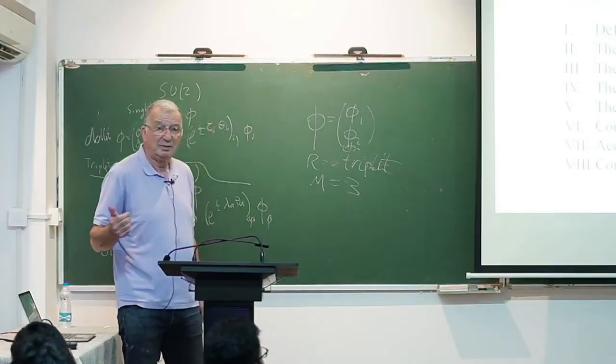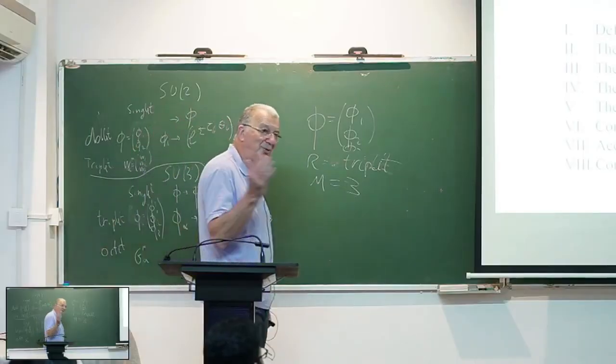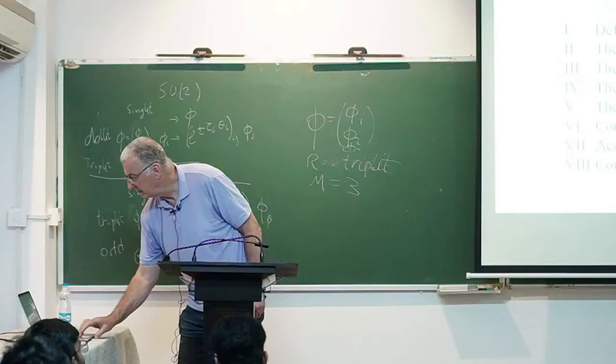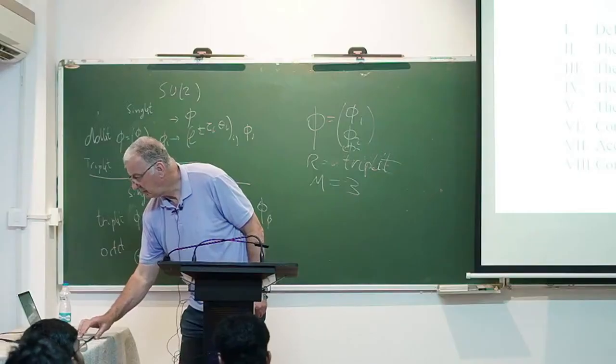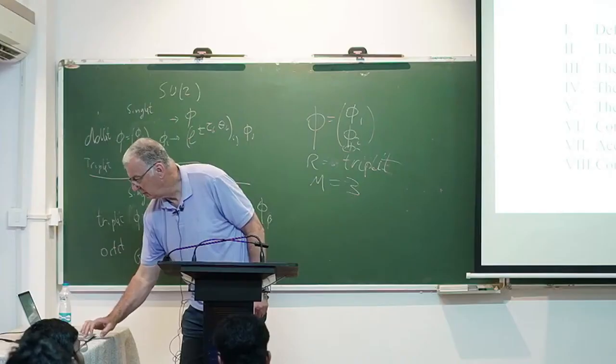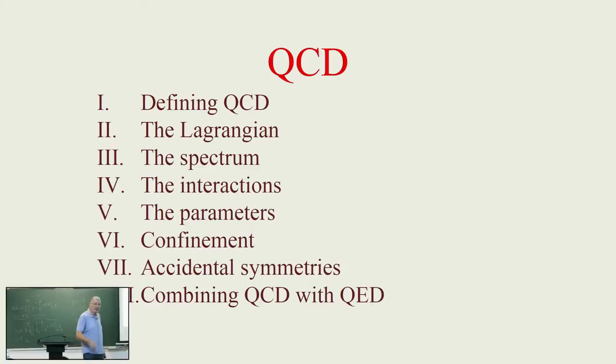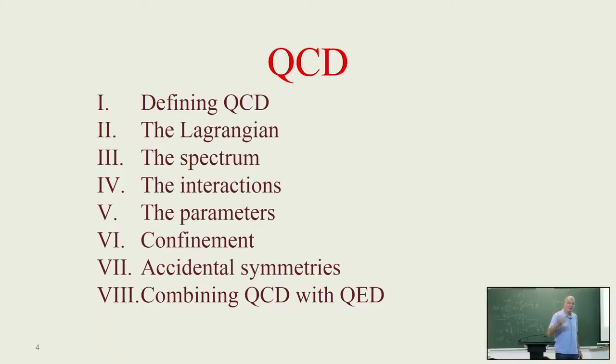I'll define it. I do the same process that I will now repeat again and again. Define the model. Write the most general renormalizable Lagrangian consistent with the definition of the model, and then see what is the phenomenology that comes out of that.